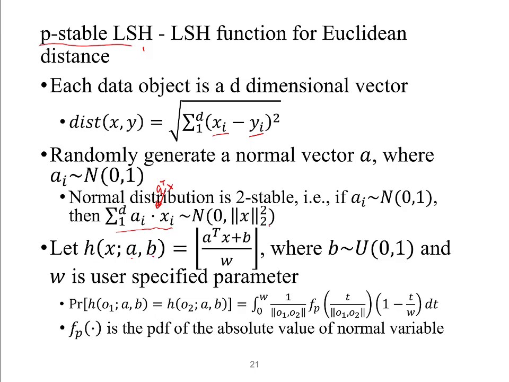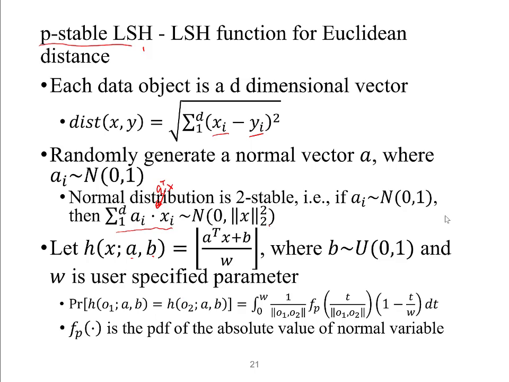A and B are the hyperparameters. So the hash function would be A transpose X plus B, divided by W, and take a floor function. B follows the uniform distribution between 0 and 1, and W is a user-specified parameter.